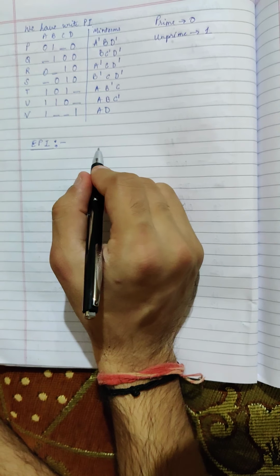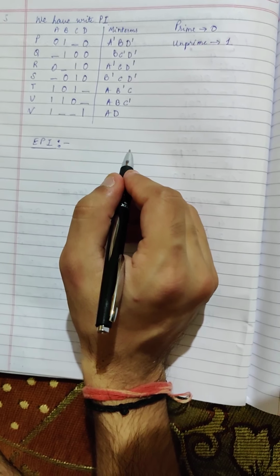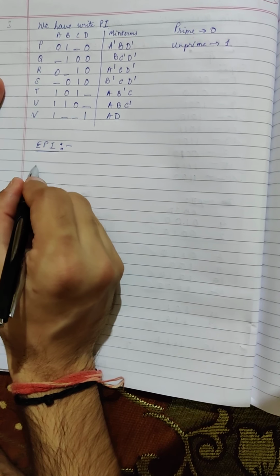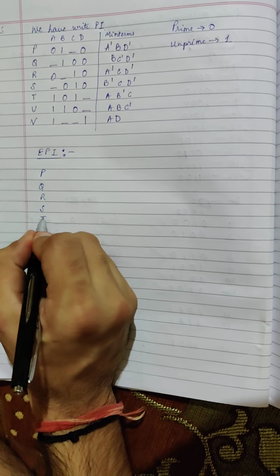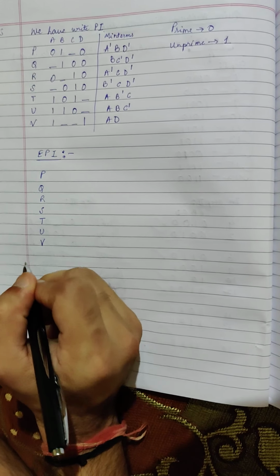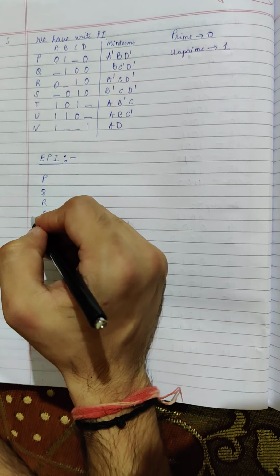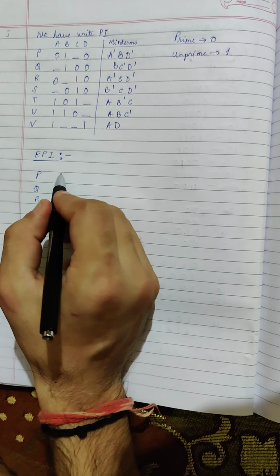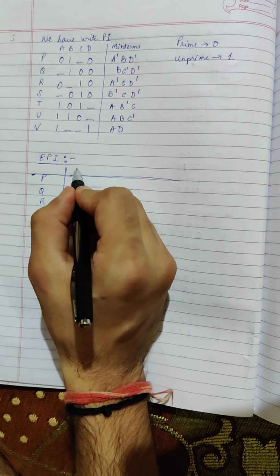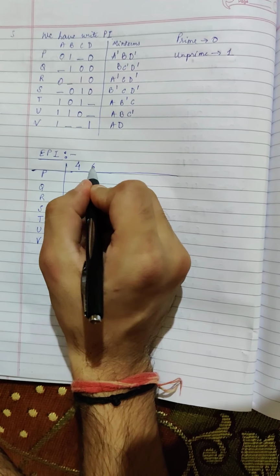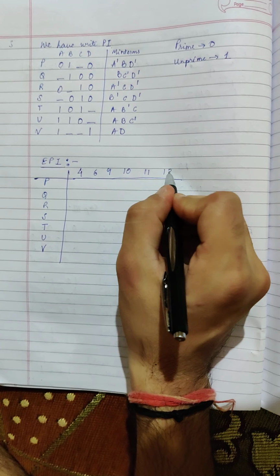We draw a table with rows as the prime implicants and columns as the minterms given. So I'll draw P, Q, R, S, T, U and V as the prime implicants in the rows, and the columns are the minterms given. The minterms given are 4, 6, 9, 10, 11, 13.